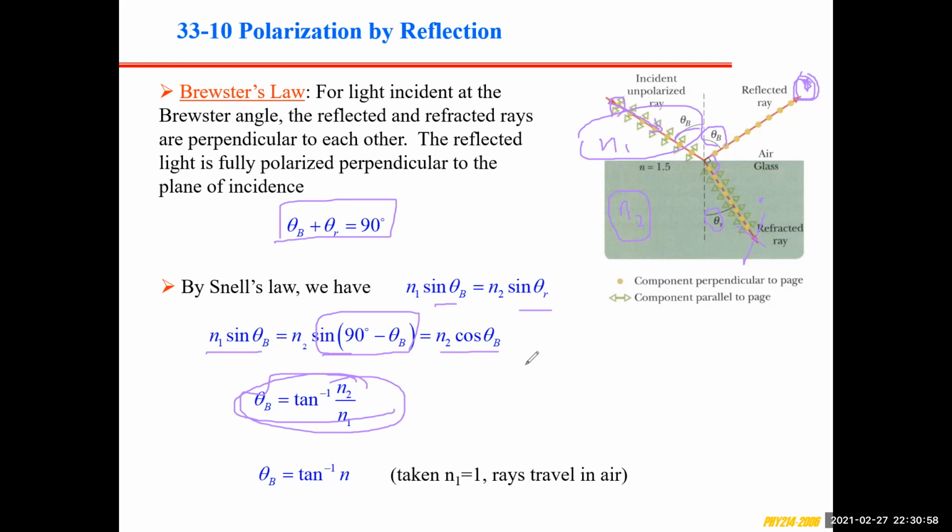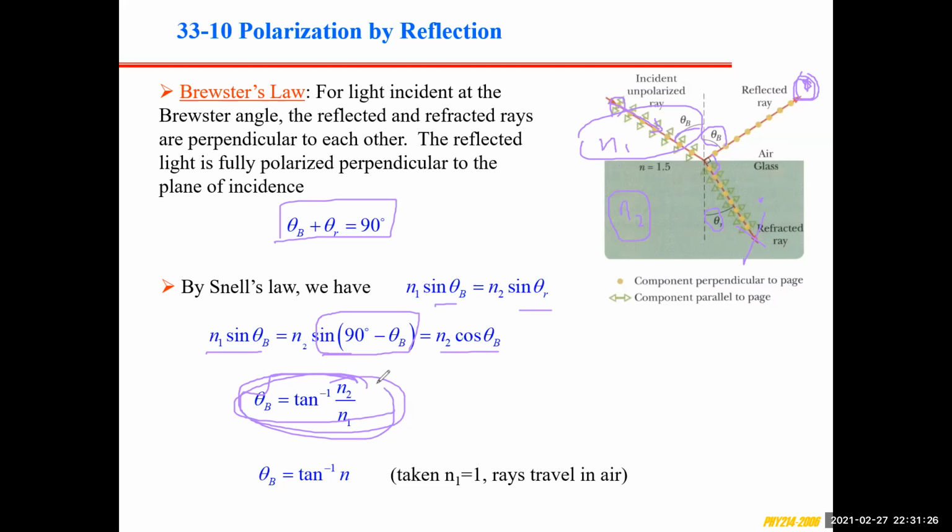So there are several interesting phenomena of electromagnetic waves. First of all, light can be polarized, and light can be dispersed, and light follows the law of reflection and the law of refraction. Light can be polarized if the angle of incidence is equal to the Brewster's angle, which can be found like this.